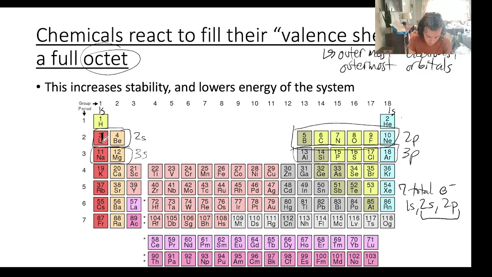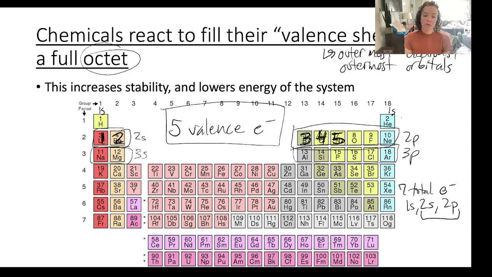We have 1 electron, 2 electrons, 3 electrons, 4 electrons, 5 electrons. Okay, so while nitrogen has 7 total electrons, it has 5 valence electrons.